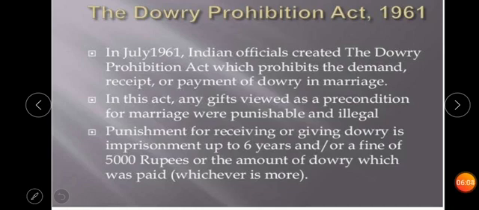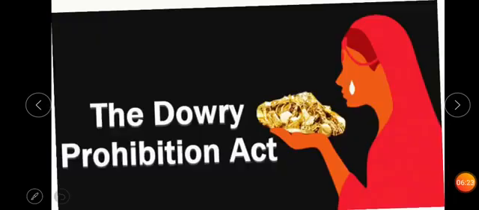People who are convicted under this law can face up to 5 years of imprisonment, and they can also be fined up to 15,000 rupees or the amount of the value of such dowry, whichever is more. So these were the provisions under the Dowry Act.